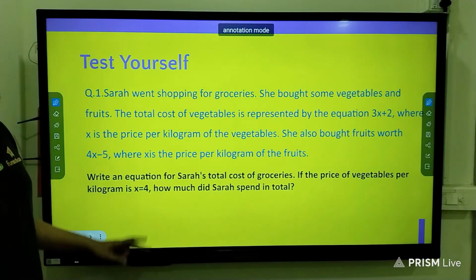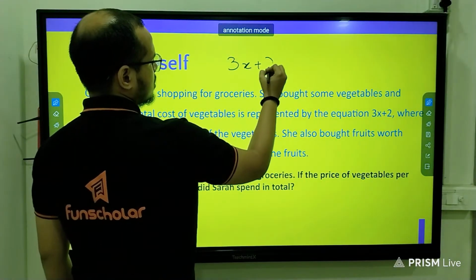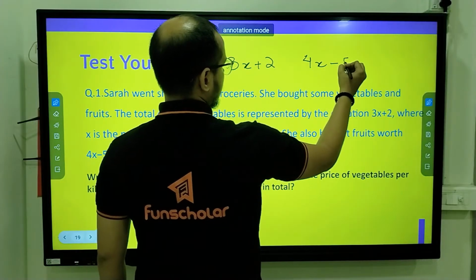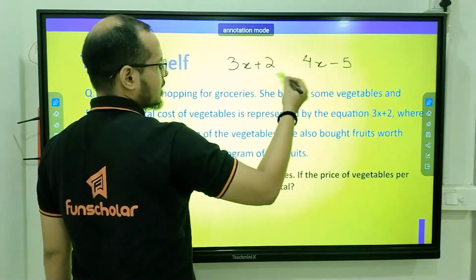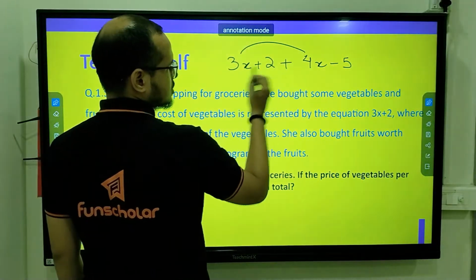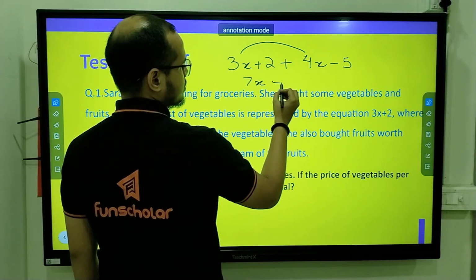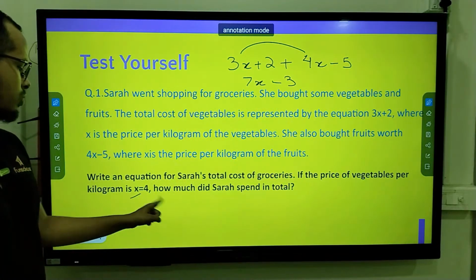So we have two expressions here. One is 3x plus 2 and the other one is 4x minus 5. This is the cost of the first thing, and for the second thing we are going to find the entire cost, so we are adding these. After adding we combine like terms: 3 plus 4, 7x, plus 2 minus 5, minus 3. Now the value for x is already given, that is 4.